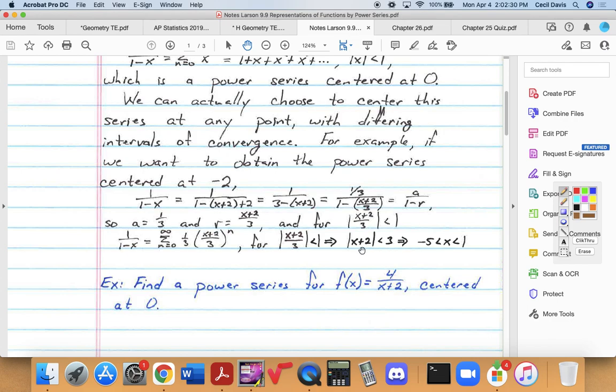That gives you that this is centered at -2 with a radius of 3. So we go 3 to either side of -2, and we're at -5 and at 1. We don't need to check the endpoints on this, because in a geometric series, if the absolute value of r is equal to 1, the series diverges.